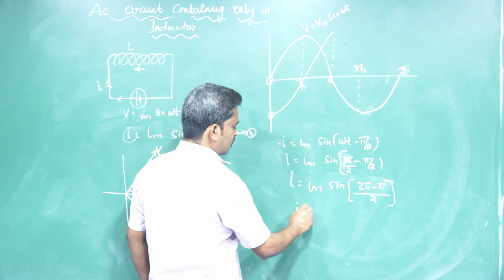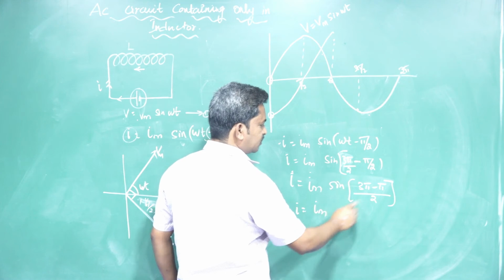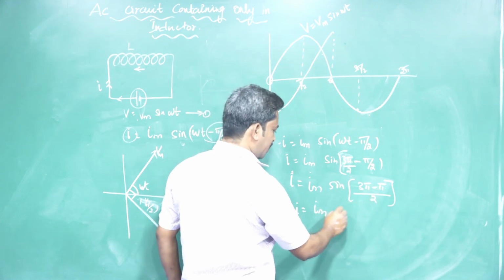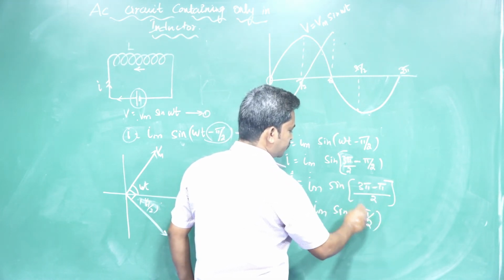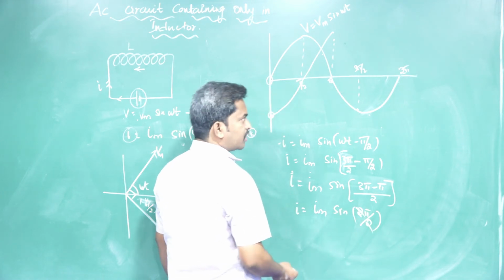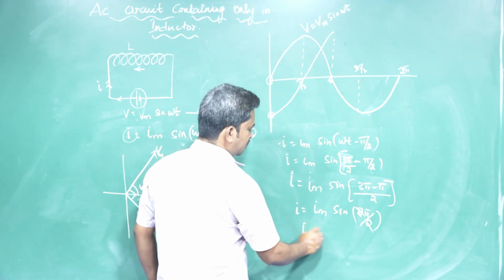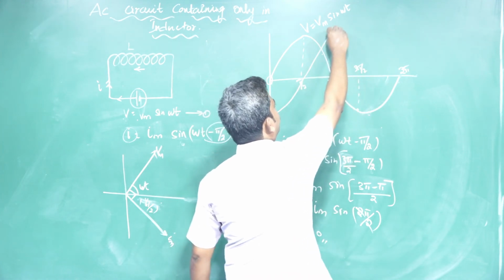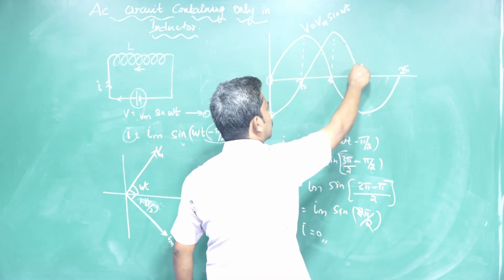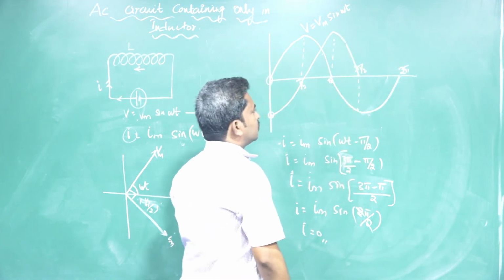So I = Im sin(2π/2). The 2 cancels, sin π value is 0. So I = 0 when ωt is 3π/2.